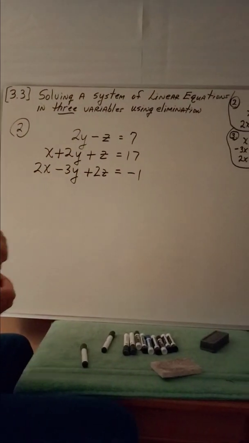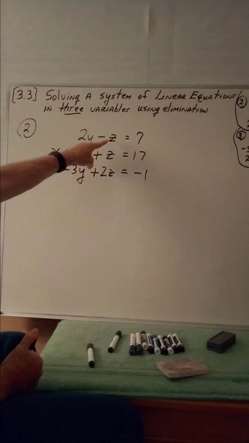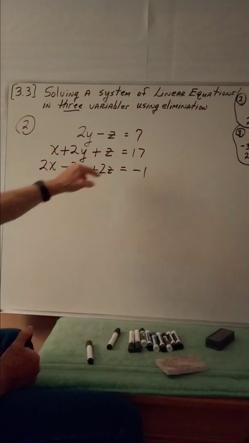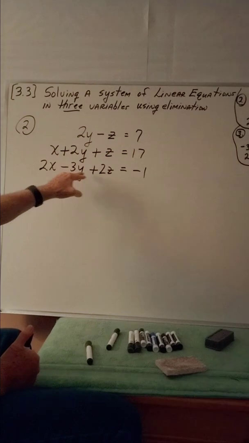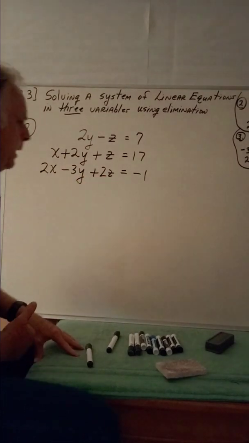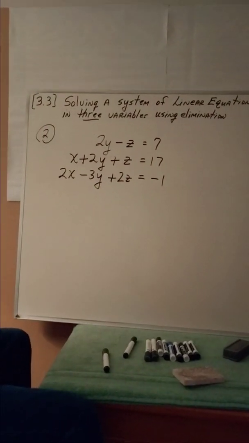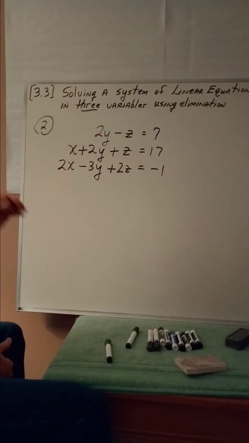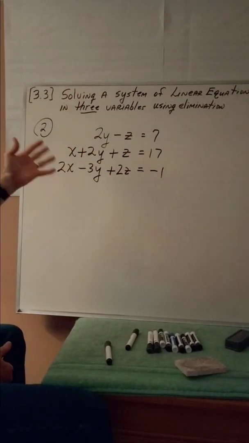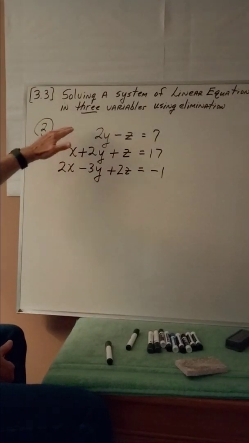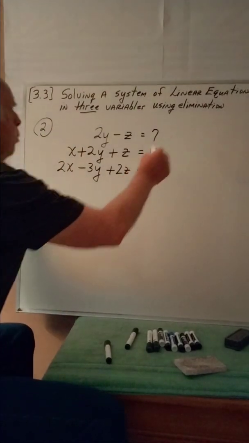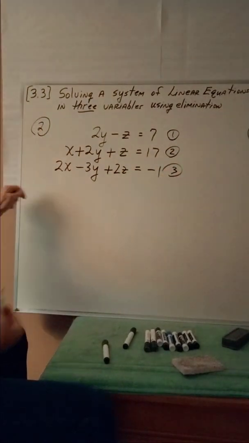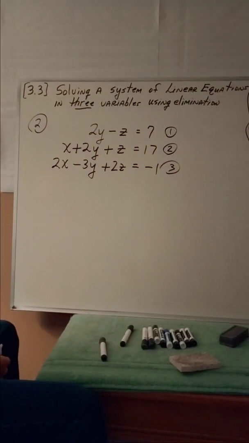Now let me just double check. 2y minus z is equal to 7. X plus 2y plus z is equal to 17. 2x minus 3y plus 2z is equal to negative 1. It looks good. Now you can see the difference between problem 2 and problem 1. On problem 2, the very top equation, equation number 1, does not contain the variable x.